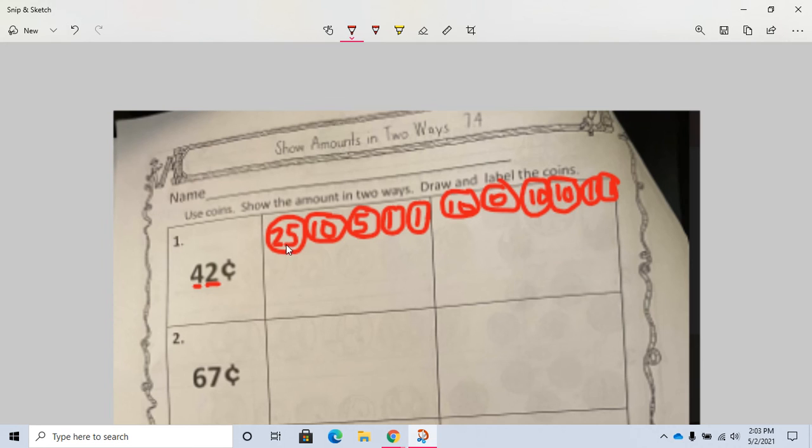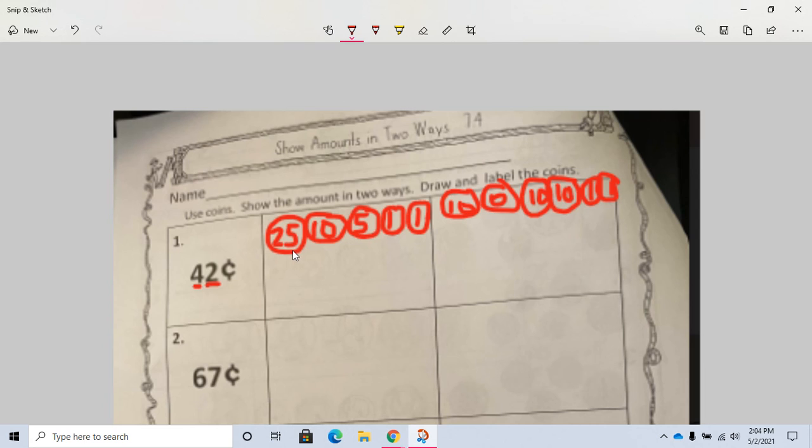You could have chosen to split your quarter apart into 2 dimes and 1 nickel, or maybe your nickel apart into 5 pennies, in addition to these two. There were many, many ways in which we could have shown 42 cents in 2 different ways. Today, I just went over our 2 quickest and easiest ways of showing 42 cents.